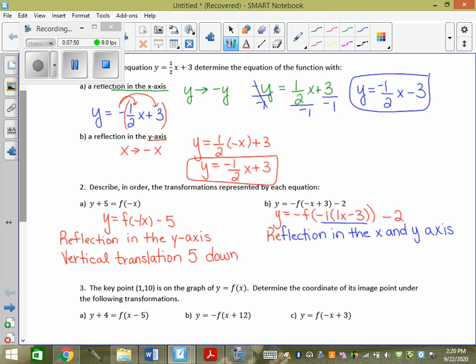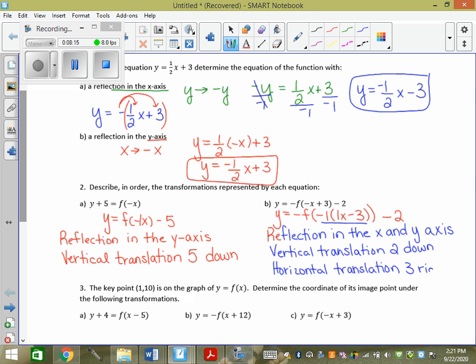And I do my translations. I have a vertical translation, 2 down. And a horizontal translation, 3 right.